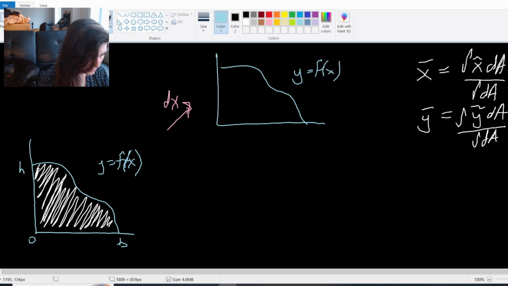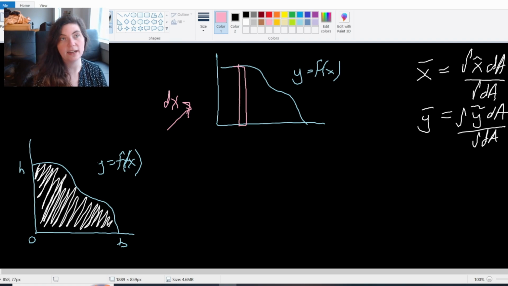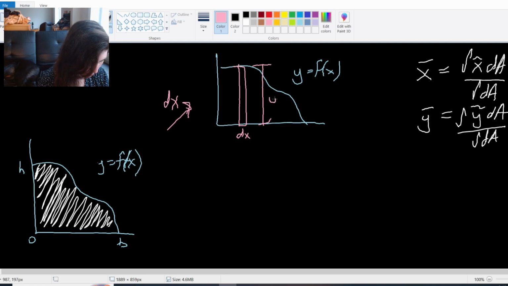So I can take a dx differential, and what that means is that I'm taking a slice as I'm going out from the y-axis. So I've got my little width of dx here, and I'll notice my height here is going to be a height of y. Now my centroid of this shape is what I care about.